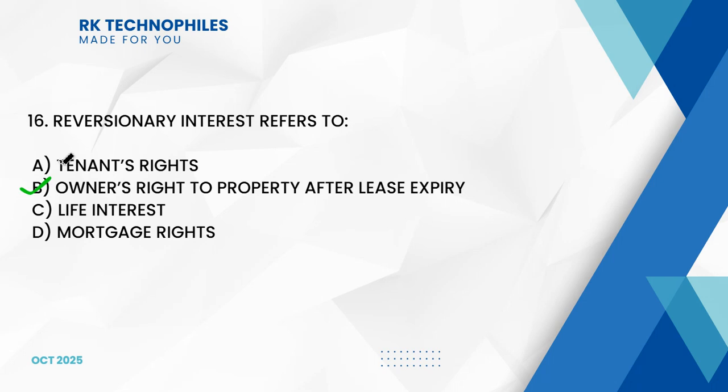Owner's right to property on lease expiry. When the lease ends, the property goes back to the landlord, right? The freeholder. So it is called reversionary interest. In future, we will discuss the case laws also. There we can discuss the reversionary interest and all.